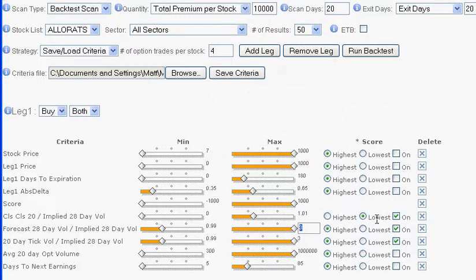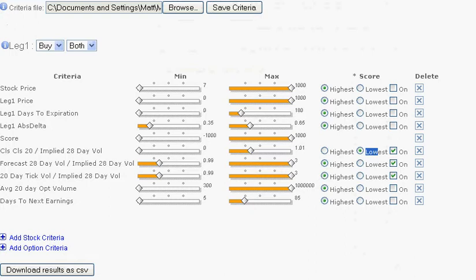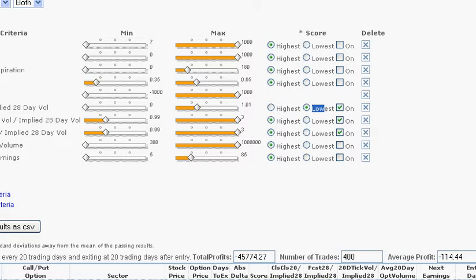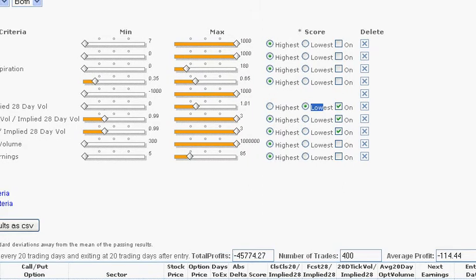So we're going to have the lowest close to close, and we're going to have the highest forecast divided by implied, the highest 20-day tick divided by implied, and so these will identify stocks that we want to buy. Now, when we click on Run Backtest, the profitability for this test is a loss. However, it's a loss of 45,774. We did 400 trades, so somewhat close to the 385 or the 380 that we did in the selling, and our average profit was 114.